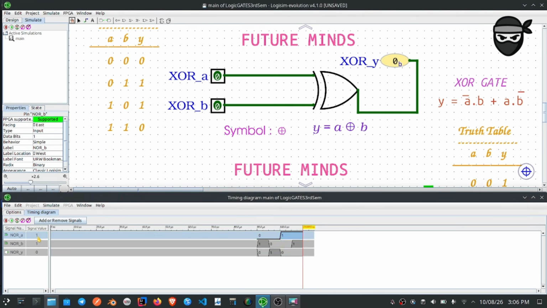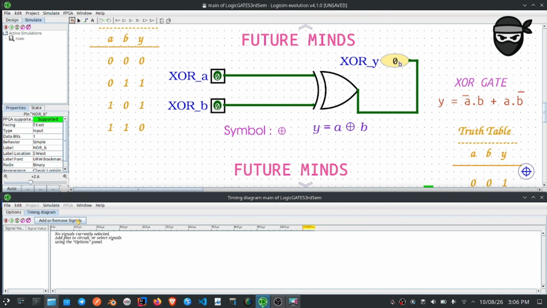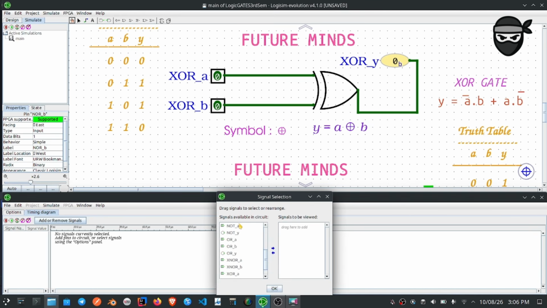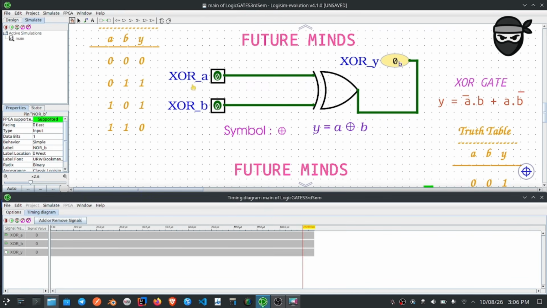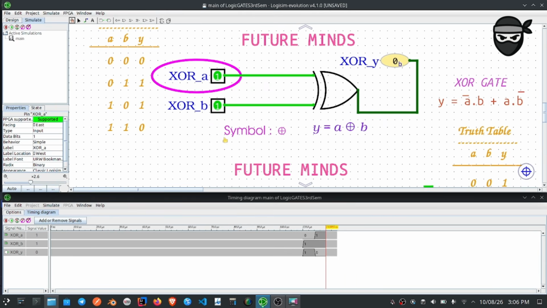Let's verify it. Adding the pins for the timing diagram. Taking pin A as 0 and pin B as 1, we get our output as 1. Again, taking both of them 1, we get our output at a low state.